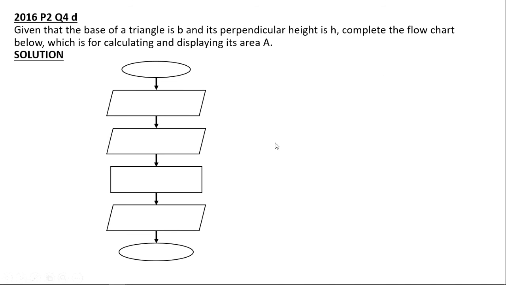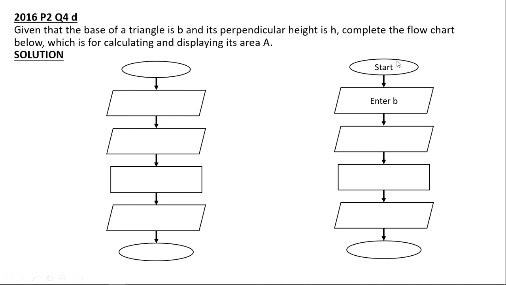So we'll start. Under the oval shape, for the first one, we'll put our start. The question is saying the base of a triangle is B, so we'll enter B for the input, and its perpendicular height is H. We'll enter our H. So we'll enter B, we'll enter H. Under the processing, you have to state the formula of the triangle.